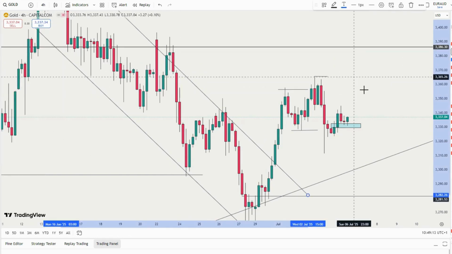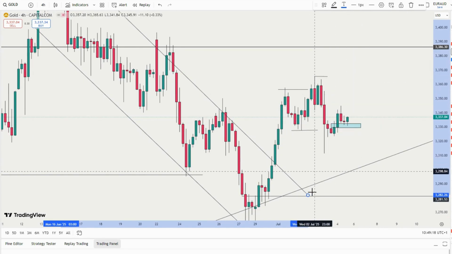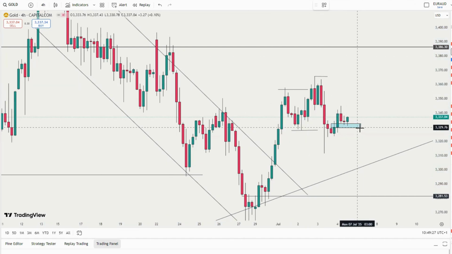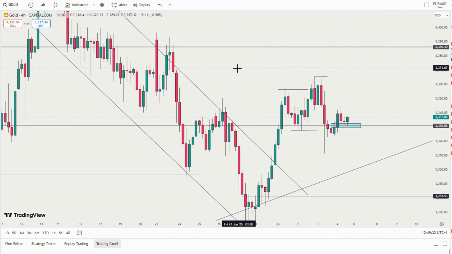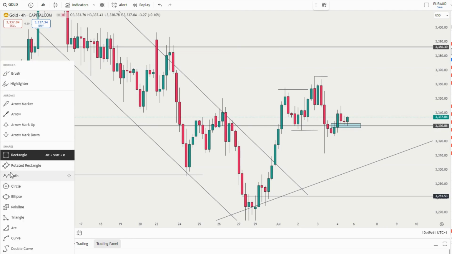For me, I believe the buy might continue around this area, and if the buy doesn't continue, then I'll be waiting for the break of this. So in short, I'm going for a buy bias, but on any break below 3,330, I'll be waiting to take my buy bias from that place.